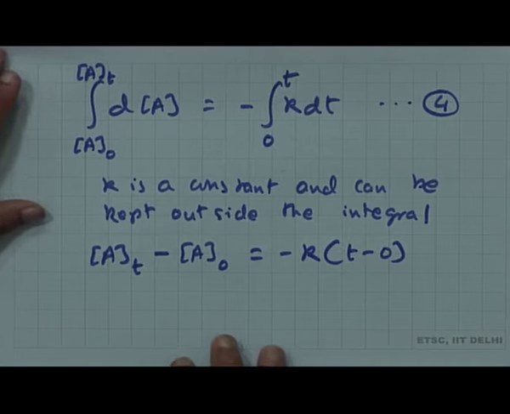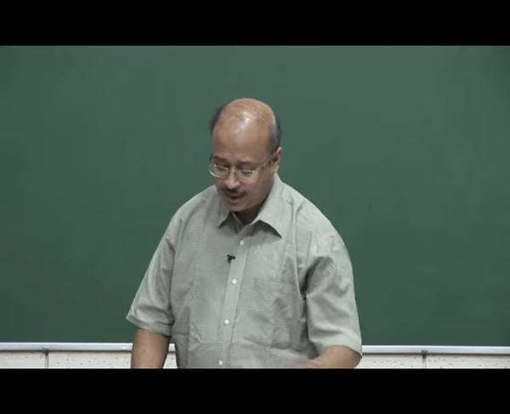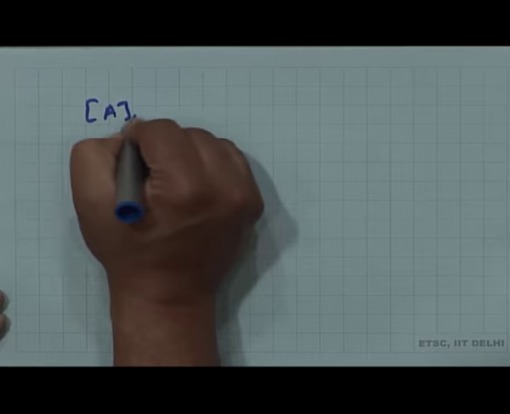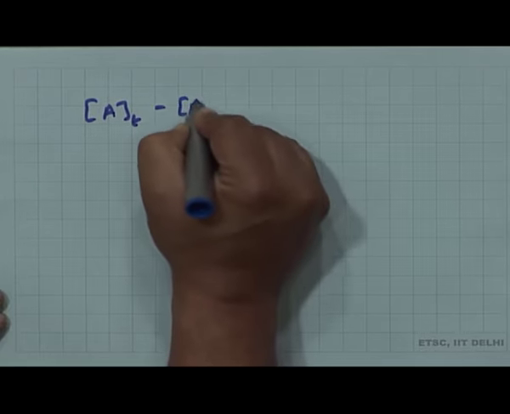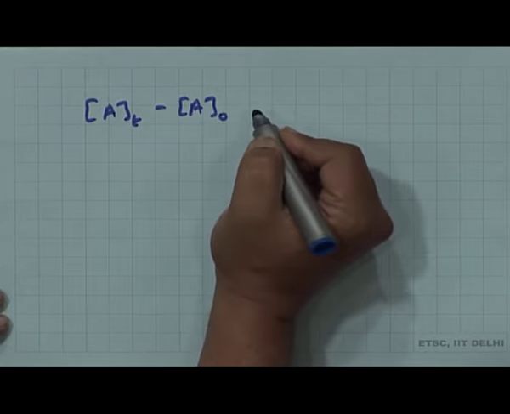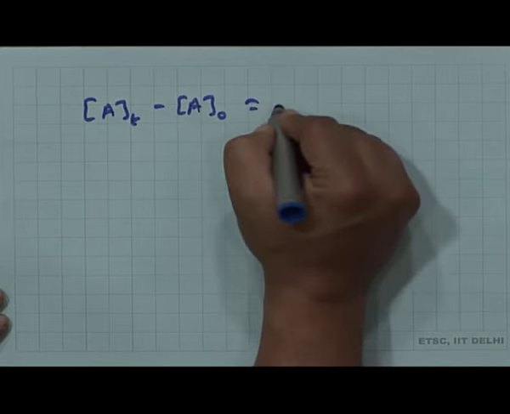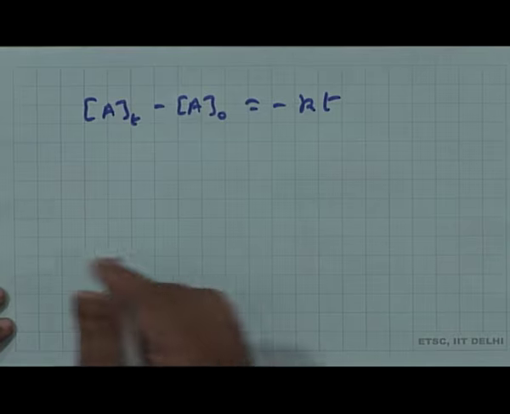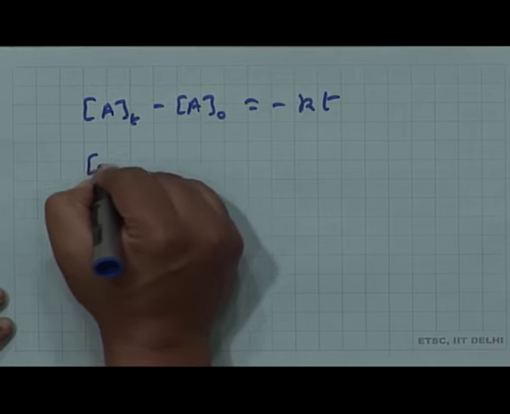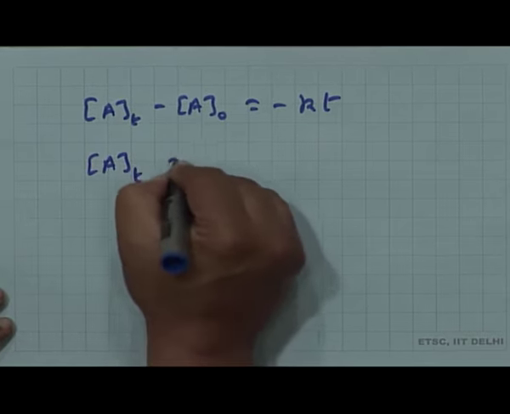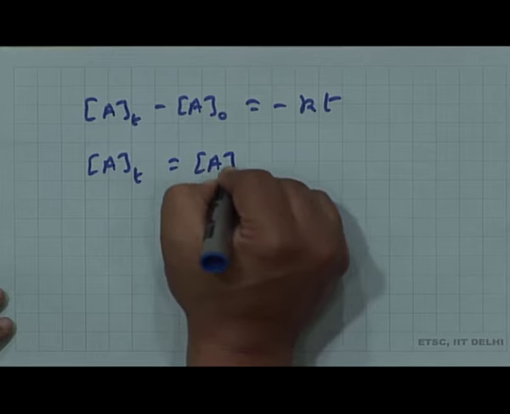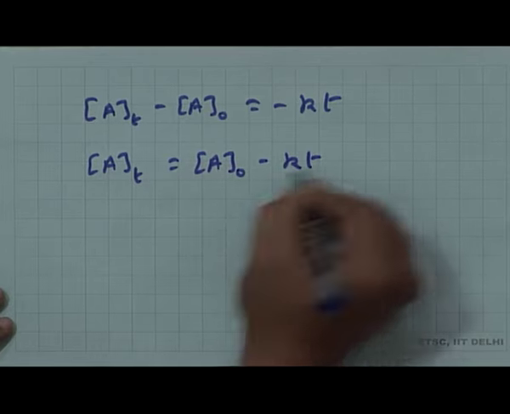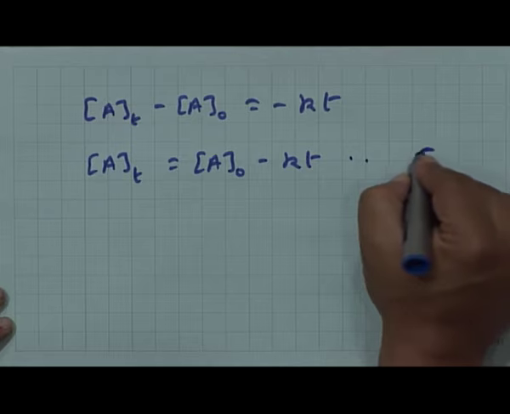Okay. Or I can write it again as A t minus A naught, my initial reactant, is equal to minus K t, or A t is equal to A naught minus K t. Let this be 5.